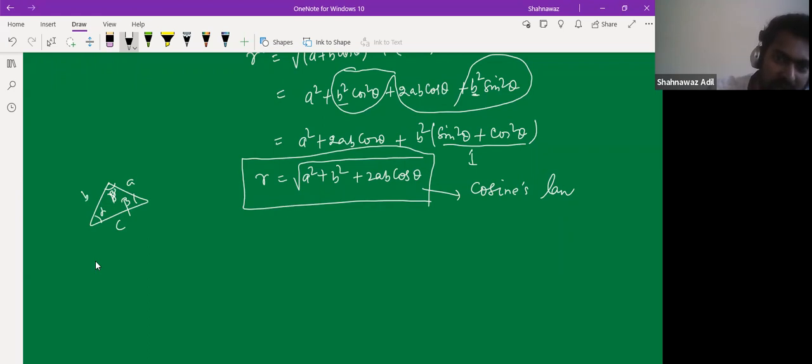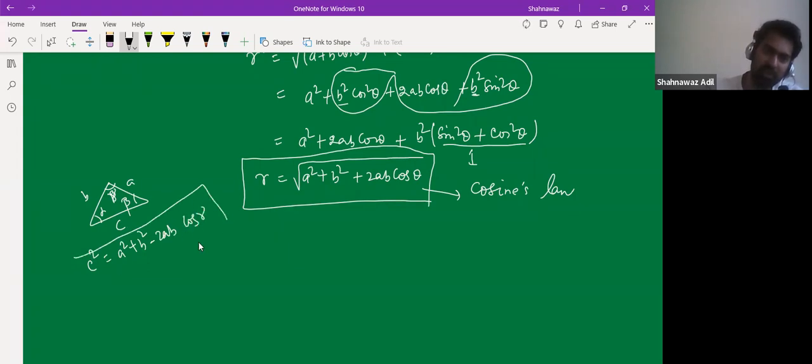Can anybody recall? C square is equal to A square plus B square minus 2AB cos gamma. Okay. So this was the cosine's law.